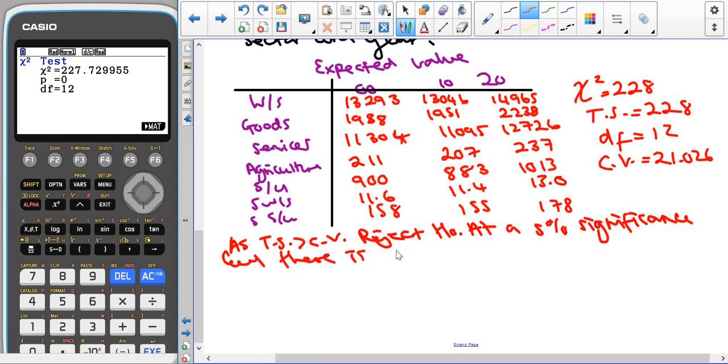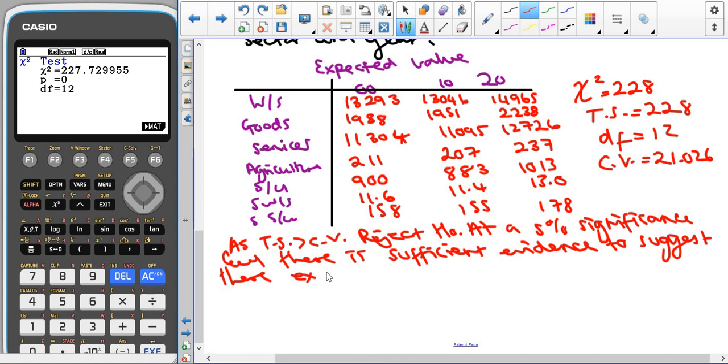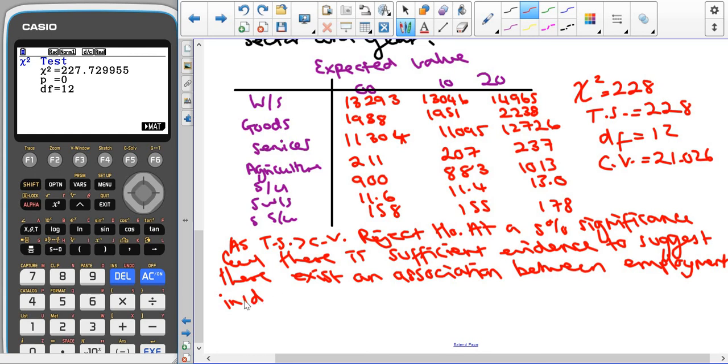There is sufficient evidence to suggest there exists an association between employment in industry sector and year.